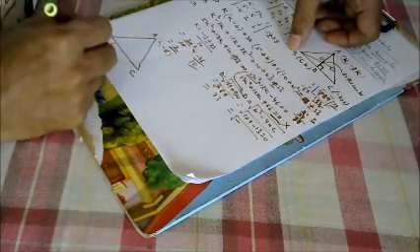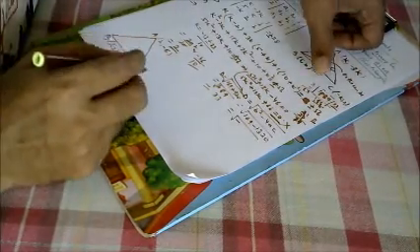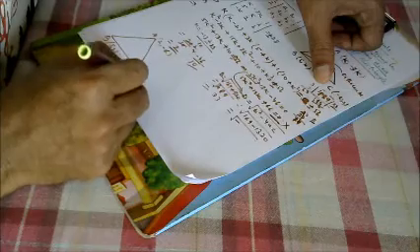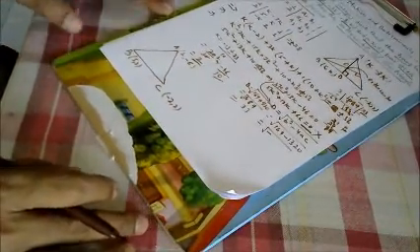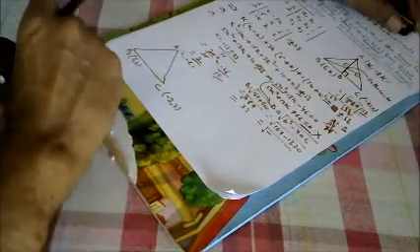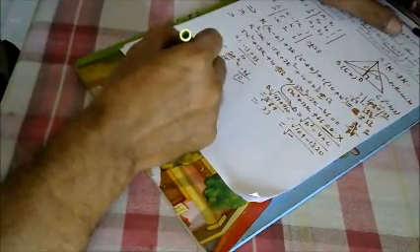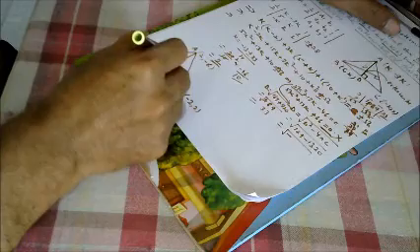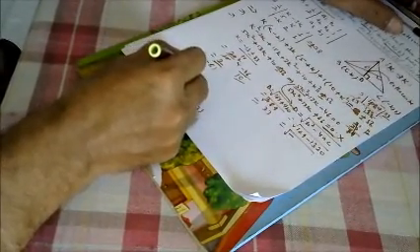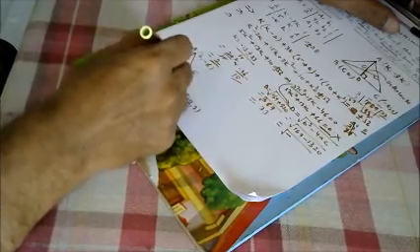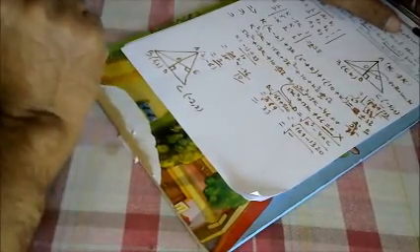Then B is 5 and 2, and C is minus 2 and 2. Now this will be the perpendicular at point D, this will be the perpendicular at point E, and this is the meeting point O.